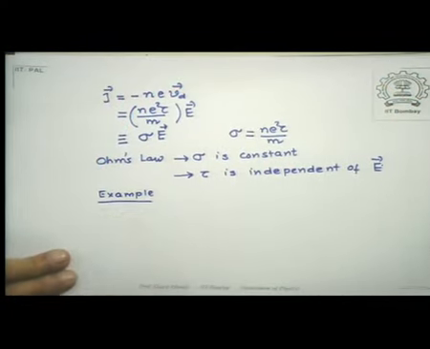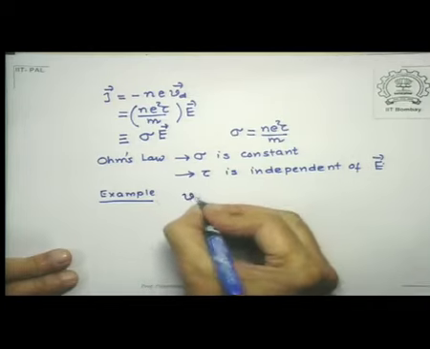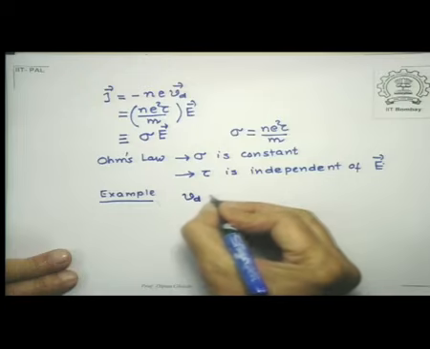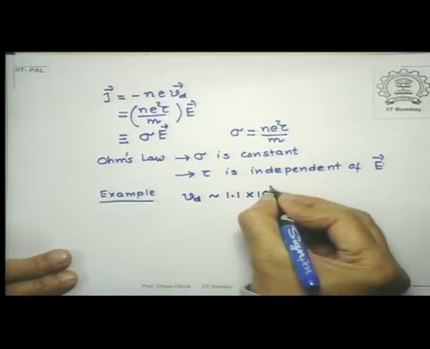Let me return back to the same example where I worked out the drift velocity, which was shown to be equal to 1.1 into 10 to the power minus 3 meter per second.